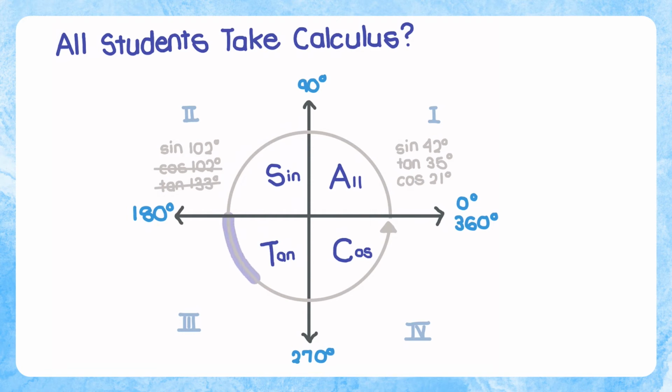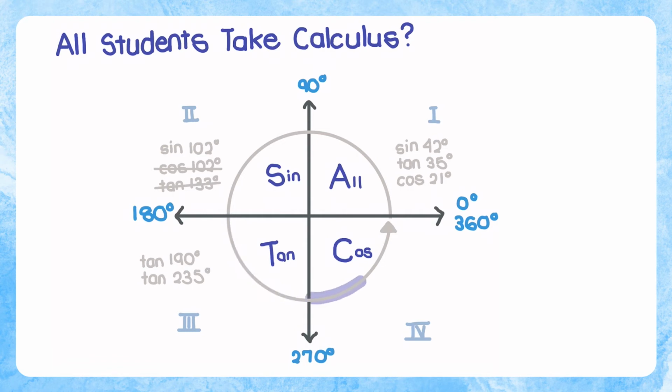Next, let's look at quadrant 3. So anything between 180 degrees and 270 degrees. So in this area, only tangent functions will result in positive answers. So for example, tangent of 190 degrees or tangent of 235 degrees.